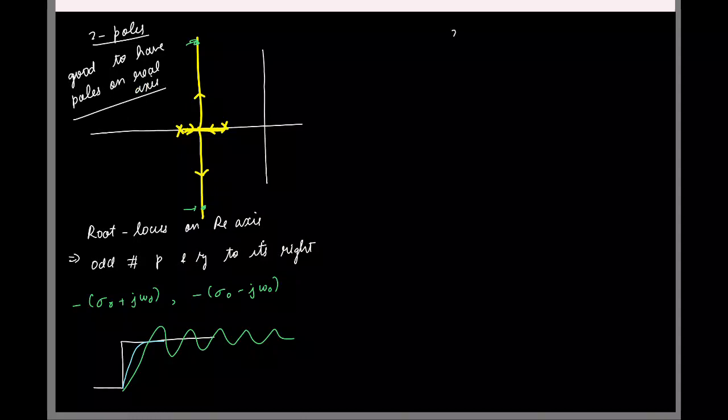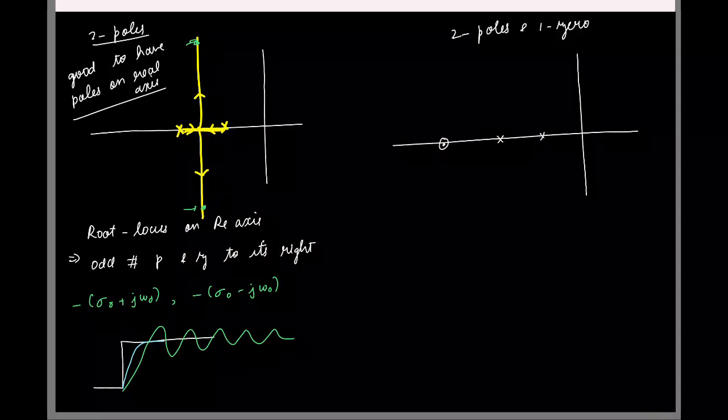So now let me take one more case where I have 2 poles and 1 zero. Again, the closed loop poles will start from open loop poles and go to open loop zeros. So I have one finite zero and one more zero at minus infinity, right?